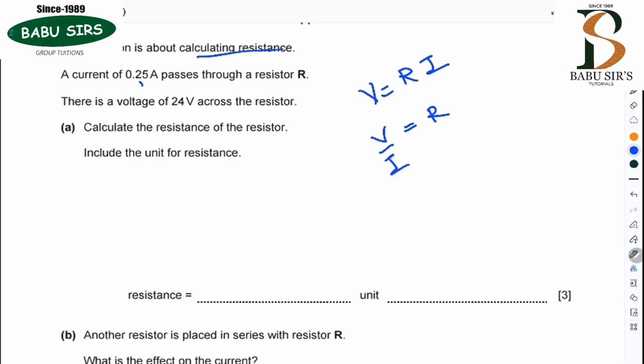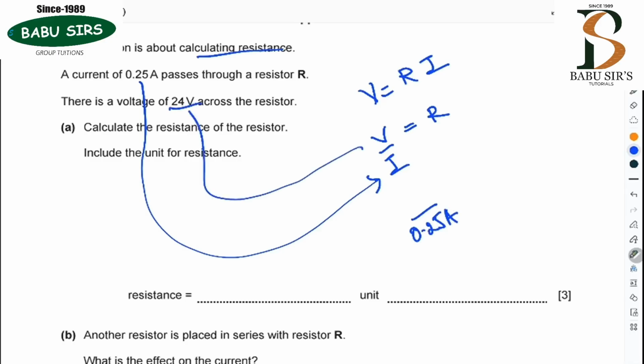So current is I. So what is current? Current is around 0.25 A. And the voltage they have given is 24. So if you divide 24 by 0.25, you will get 96.